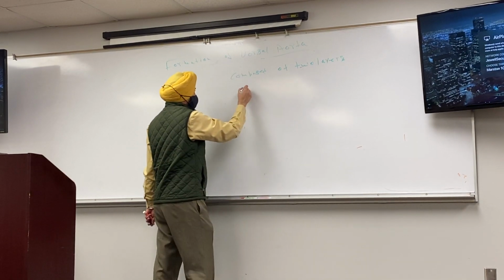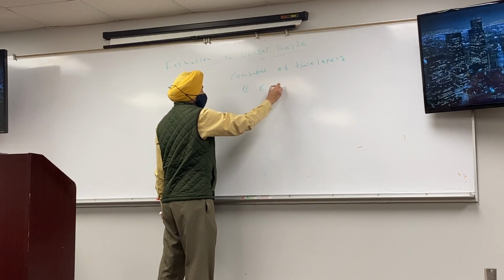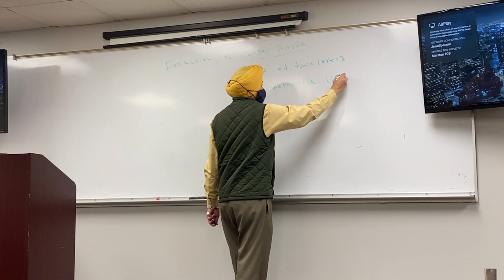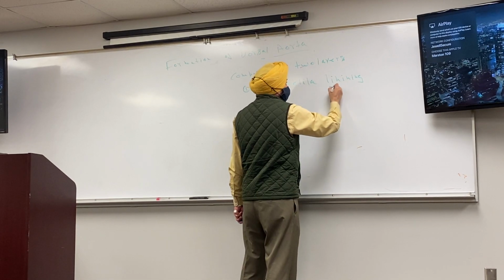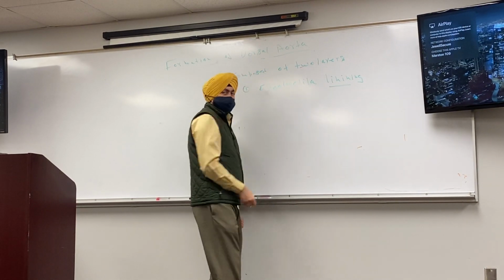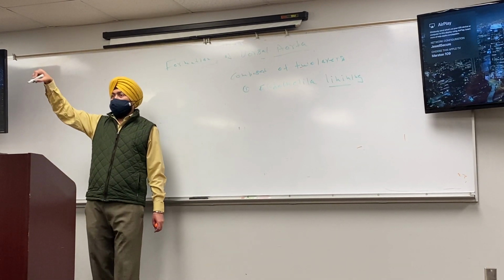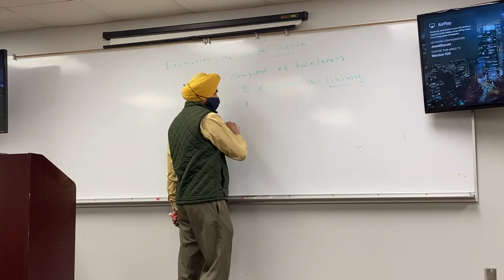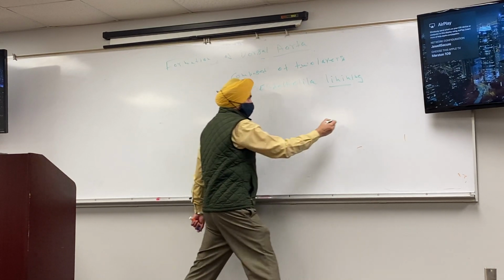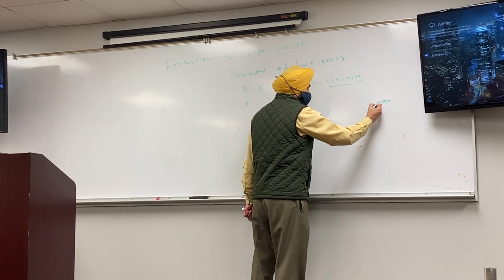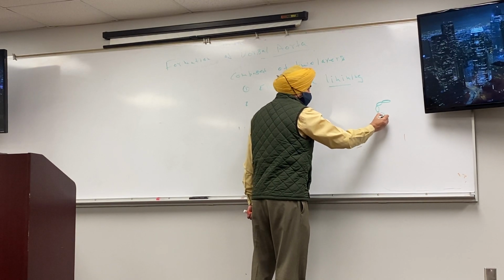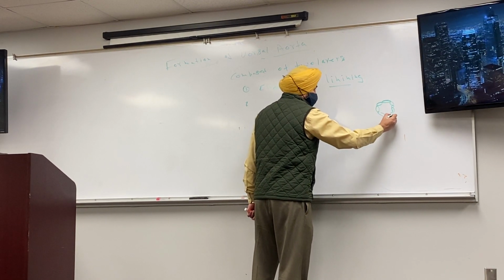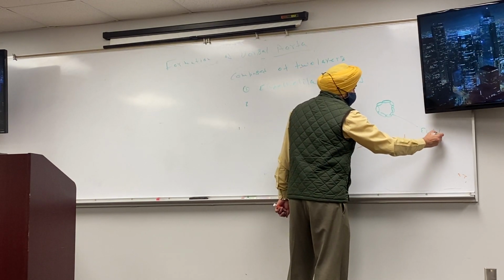Number one, the endothelial lining, so the cells which are going to line the blood vessel. If there is a blood vessel, you should have these cells lining like this. These cells are called endothelial cells.